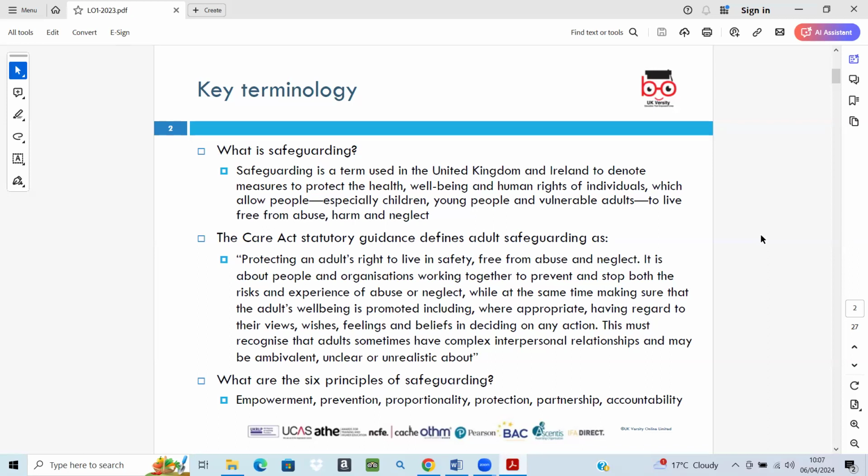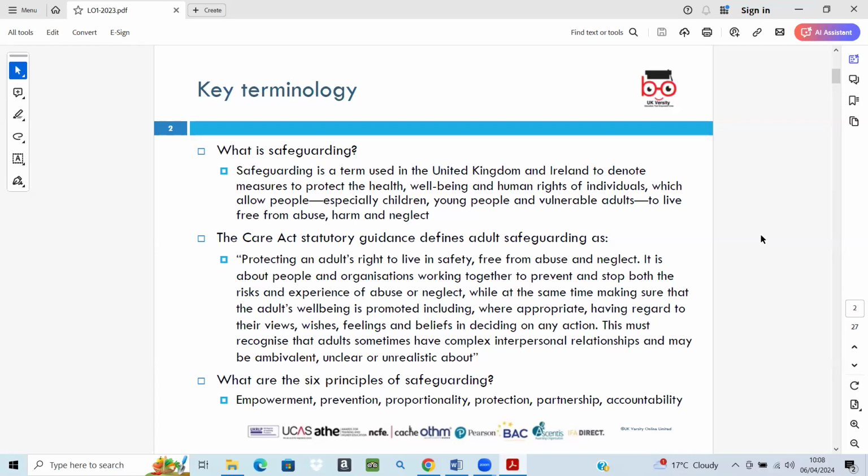It does not only involve adults, it involves every person whom we are related with, and it involves putting measures in place to ensure people are safe from any potential risk to their health, well-being, and human rights. So it involves all the aspects.